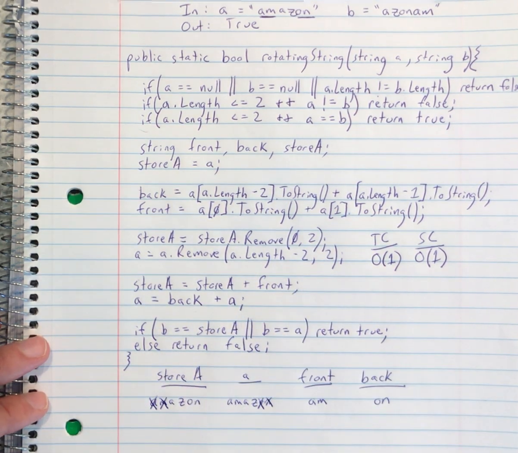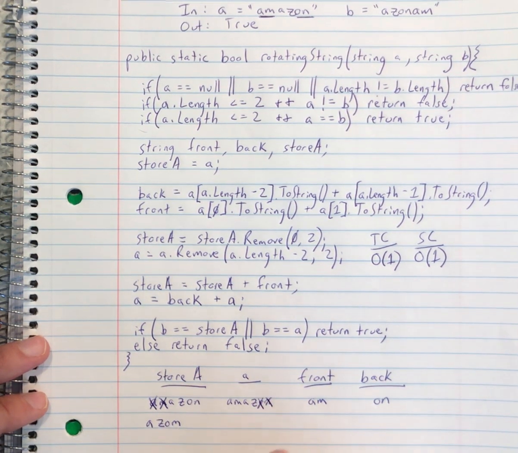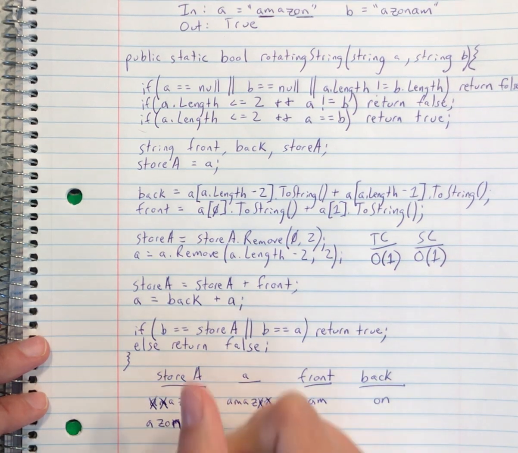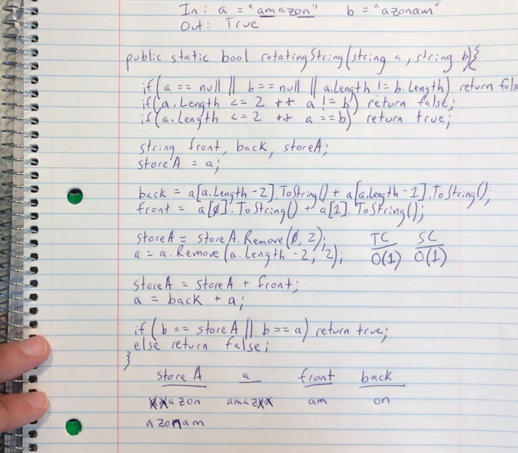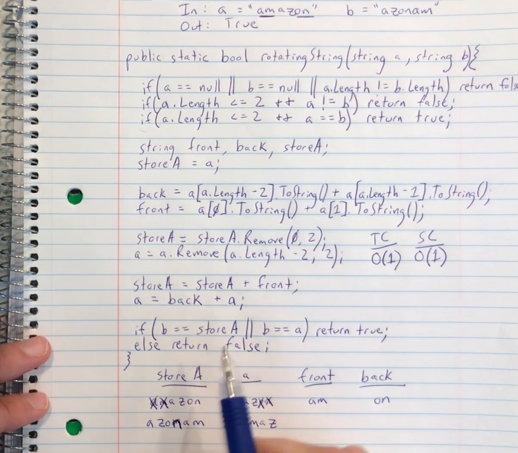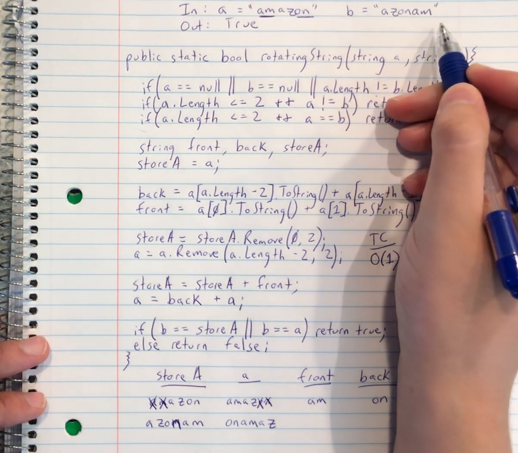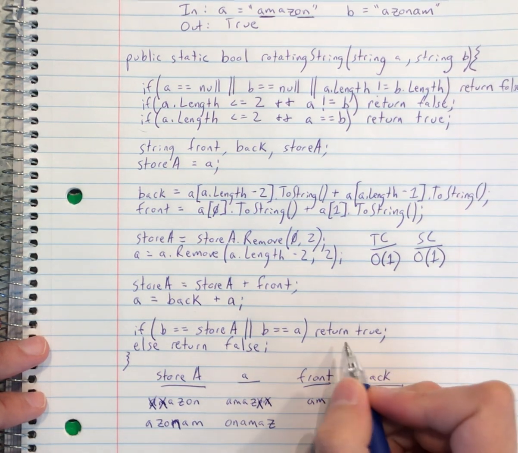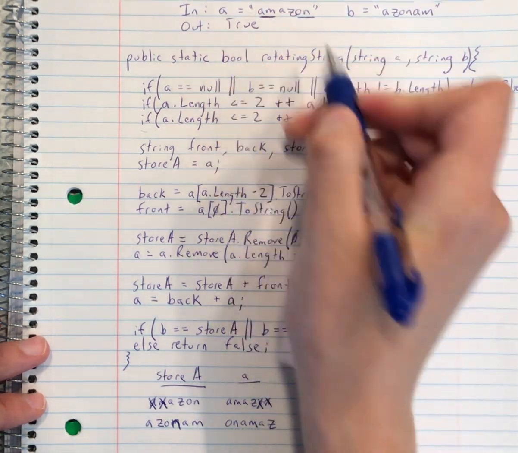Store A is store A plus front, so AZONAM, and A is back plus A is ONAMAZ. So let's check. Is B equivalent to store A? AZONAM? Yes, it is. We don't even have to check the OR condition, and we will be returning true here. So that's exactly the output we desired.